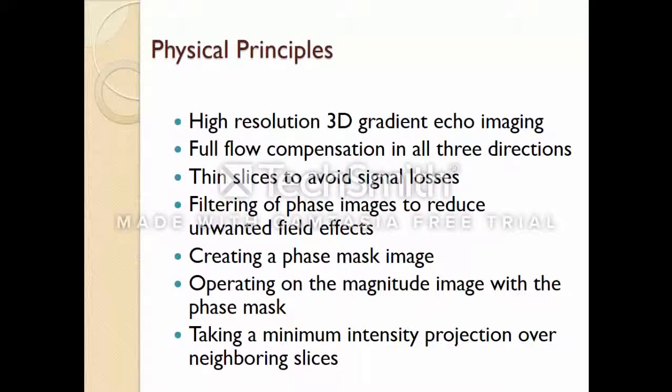The physical principles of SWI include some or all of the following features: high resolution 3D gradient echo imaging, full flow compensation in all 3 directions, thin slices to avoid signal losses, filtering of phase images to reduce unwanted field effects, creating a phase mask image, operating on the magnitude image with the phase mask, and taking a minimum intensity projection over neighboring slices.